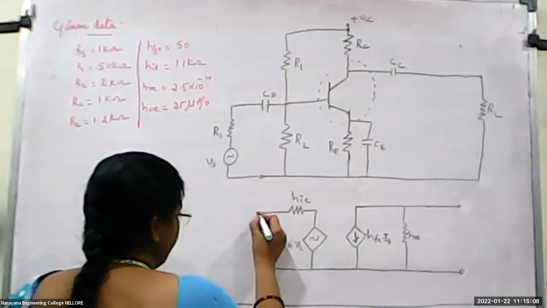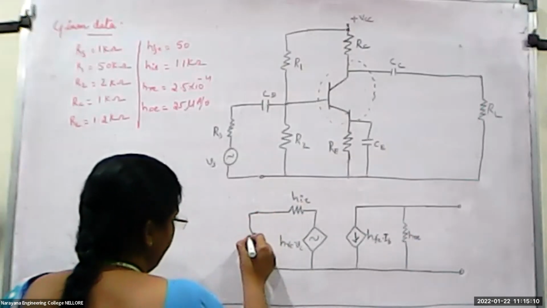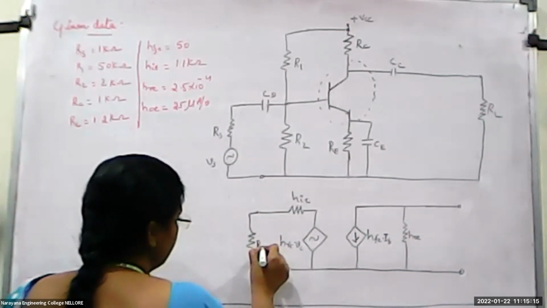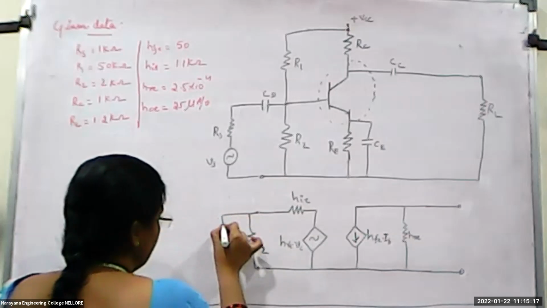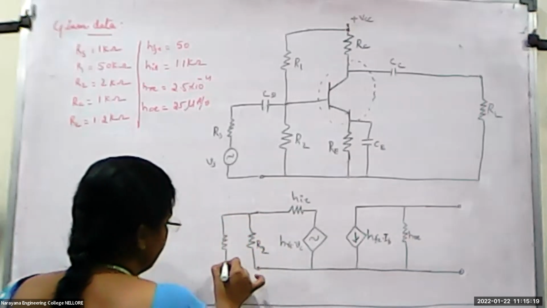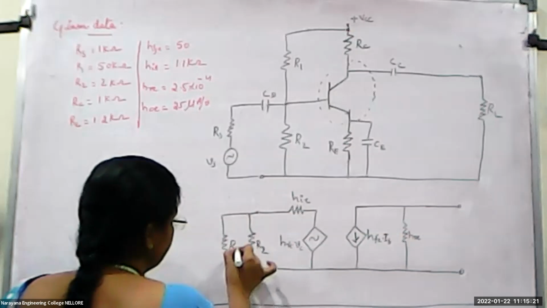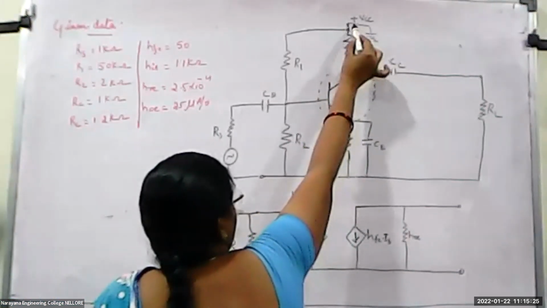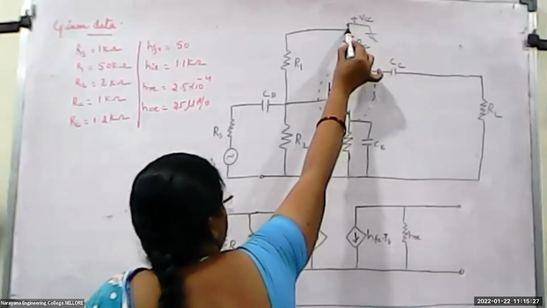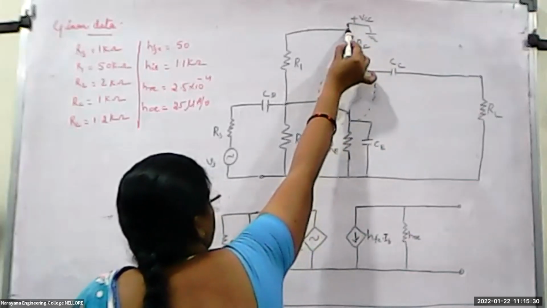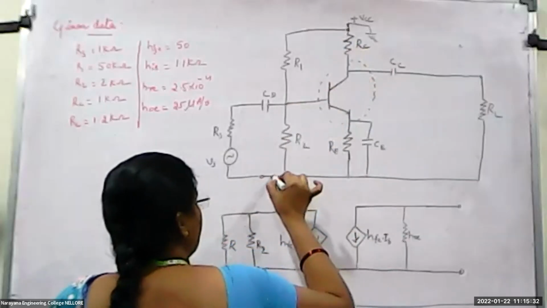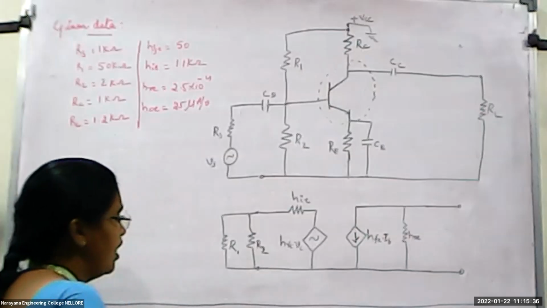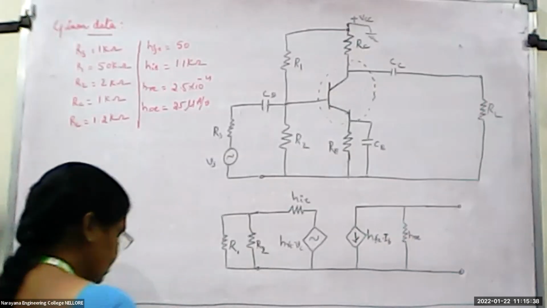So here R1 and R2 both are connected in parallel because this VCC is also connected to the ground. So now these R1 and R2 are in parallel.